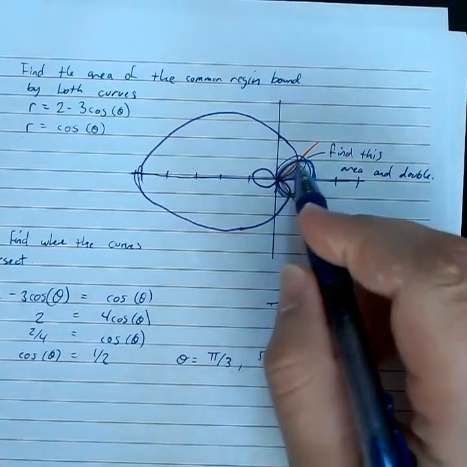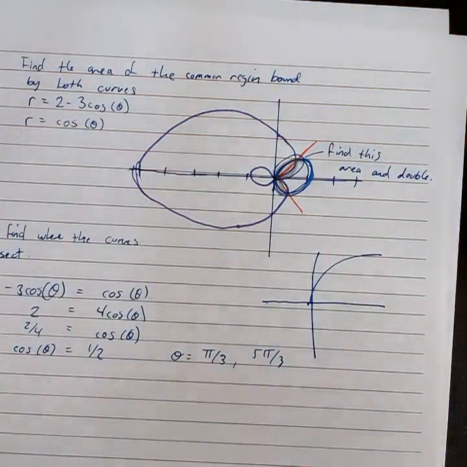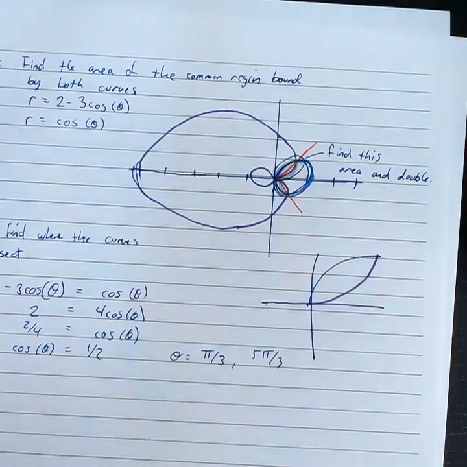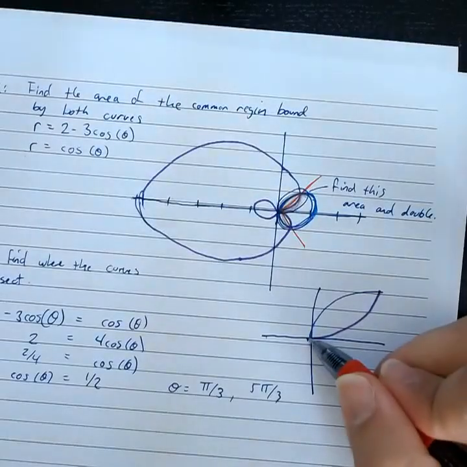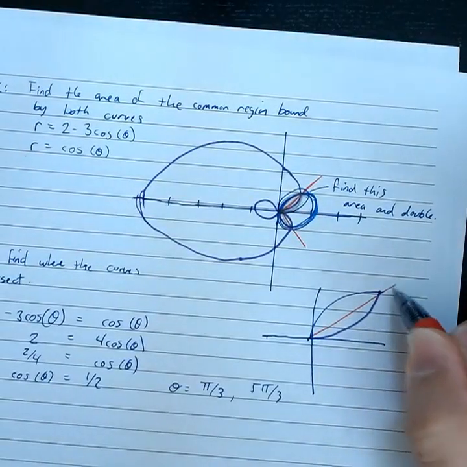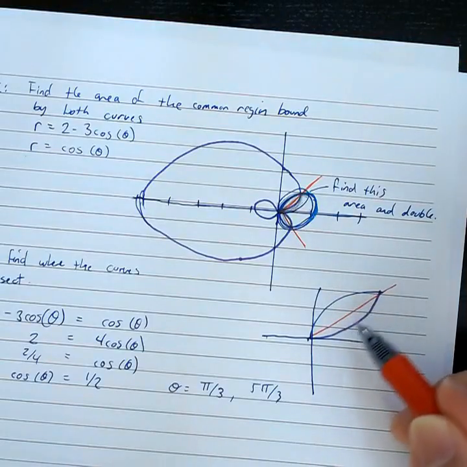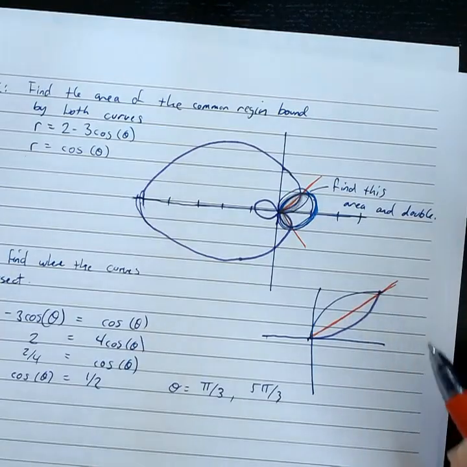I'm going to consider just that little part right there. And again, these might be symmetric or they might not. This area up here might be bigger than this one, or maybe vice versa. So here, there's no reason to assume that they are the same.